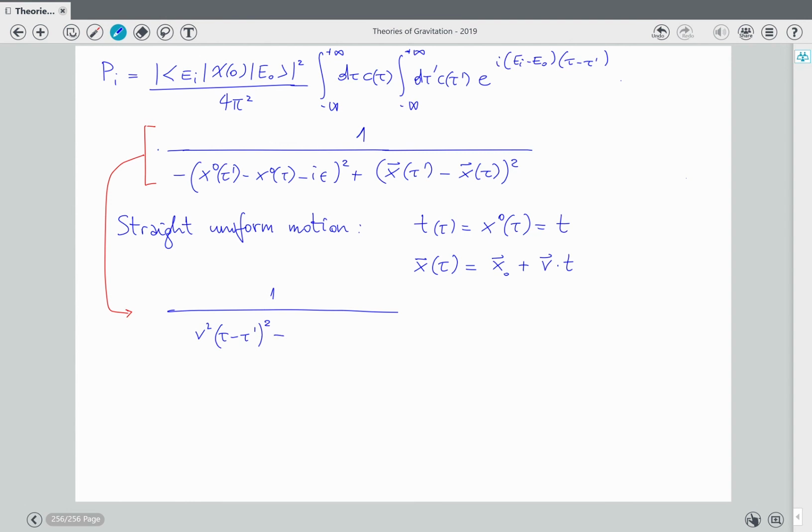Minus, here you will have tau prime minus tau, because of the minus i epsilon, there is a square, so I can put plus i epsilon, squared. So we will continue in 10 minutes and see that this is 0, and then we will move to the hyperbolic motion.